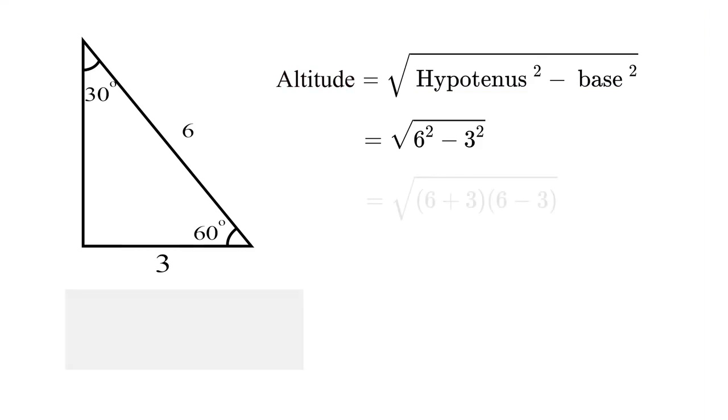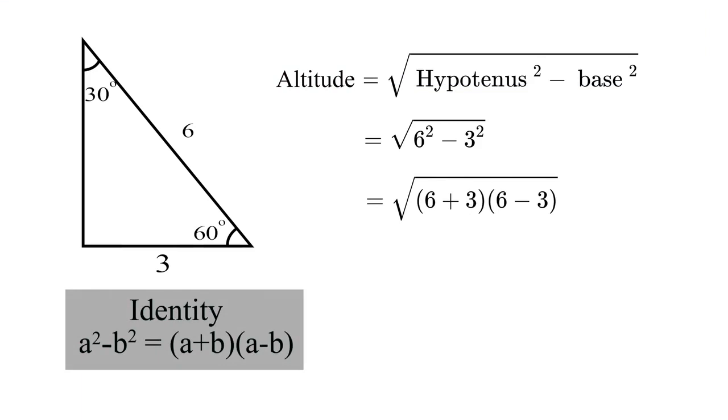This can be written as root of 6 plus 3 into 6 minus 3. This is because of the identity a square minus b square equals a plus b into a minus b. Here a is 6 and b is 3. As we know, 6 plus 3 is 9 and 6 minus 3 is 3. Thus, root of 6 plus 3 into 6 minus 3 becomes root of 9 into 3.